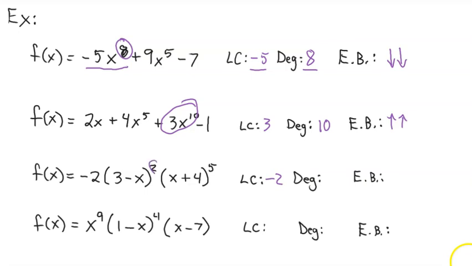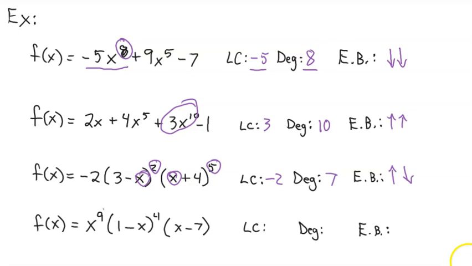But here we have 2 x's and 5 x's for a total of 7 x's. And that means that the degree is 7, so that's an odd degree. So negative lead coefficient, odd degree means positive on the left and negative on the right.